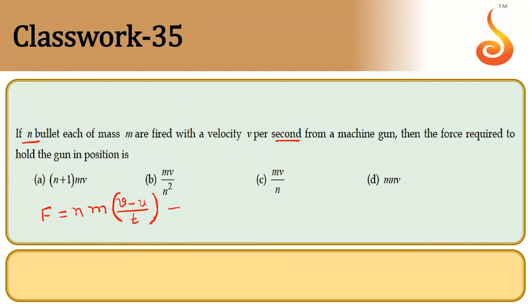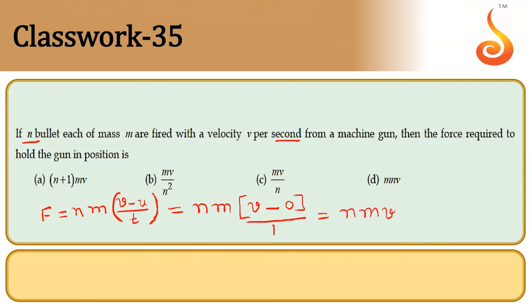So that should be n into m into final velocity v, initial velocity 0, time taken 1 second. That should be equal to nmv.